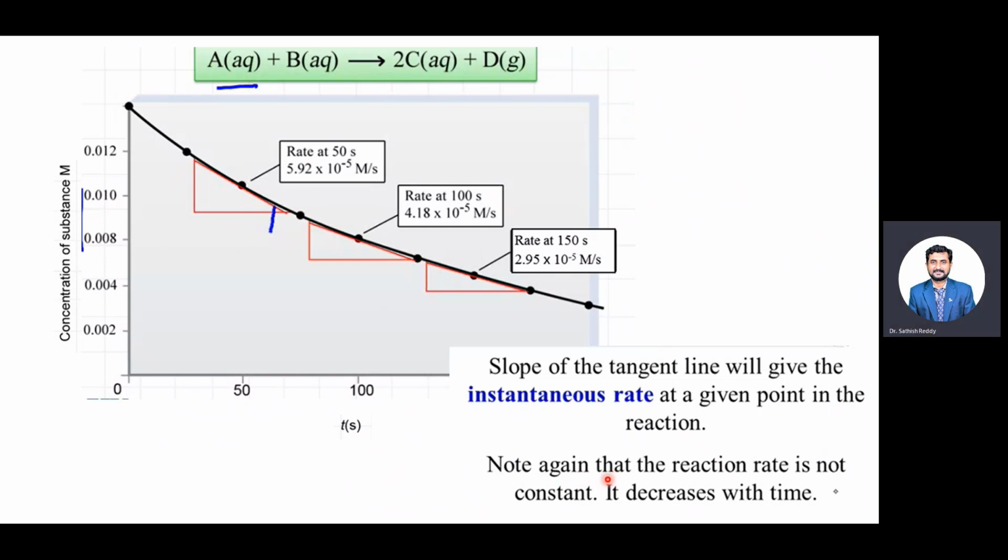Note again that the reaction rate is not constant. It decreases with time. You can see if we measure the rate here, it is more. If we measure the rate here, it is less.